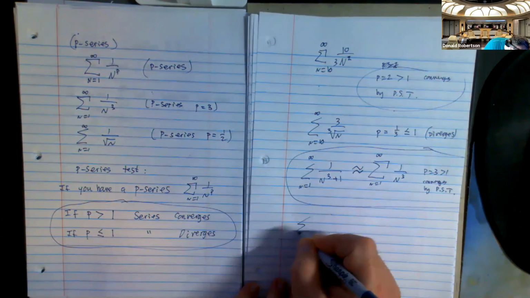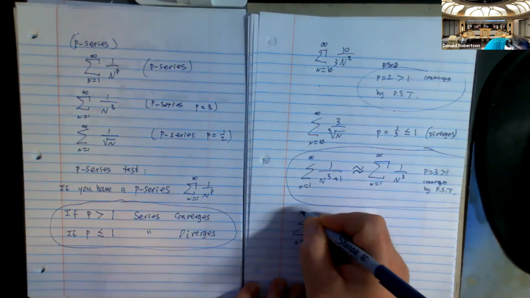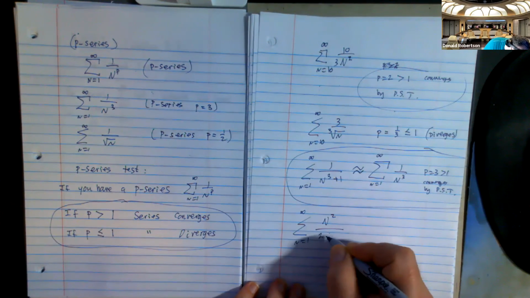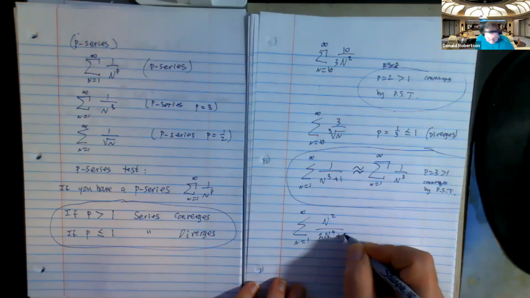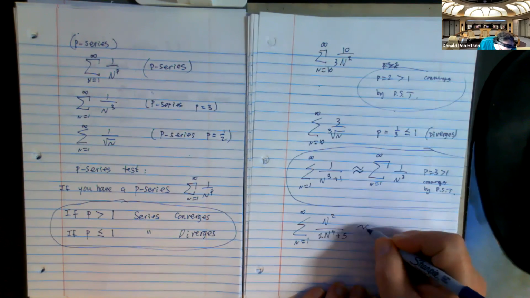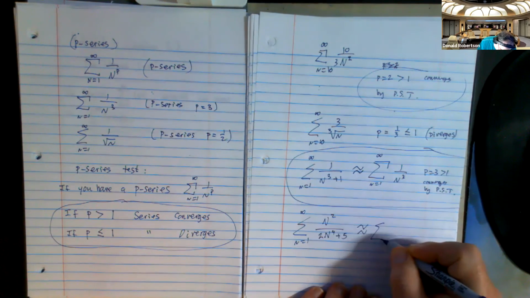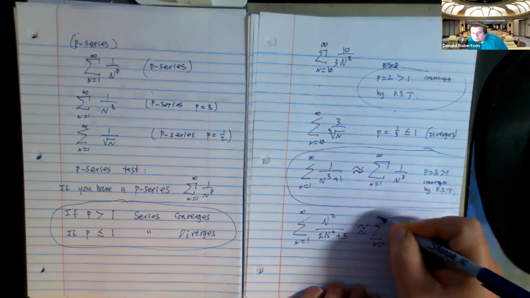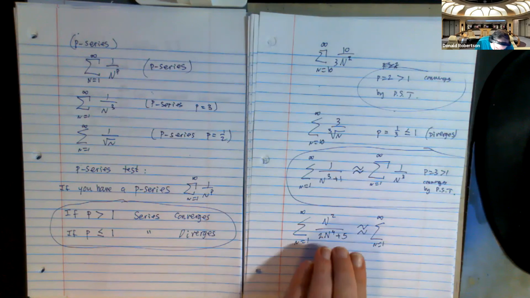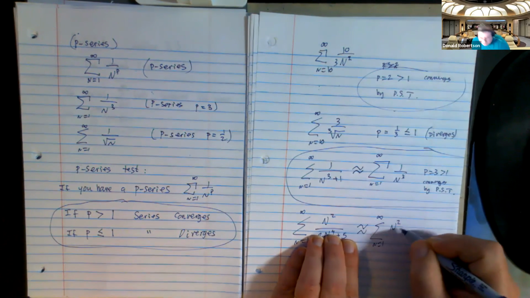Try this fella. Who does he behave like? Well, let's not do it in one big go. That's too much work. Can I just maybe leave the n squared on the top?